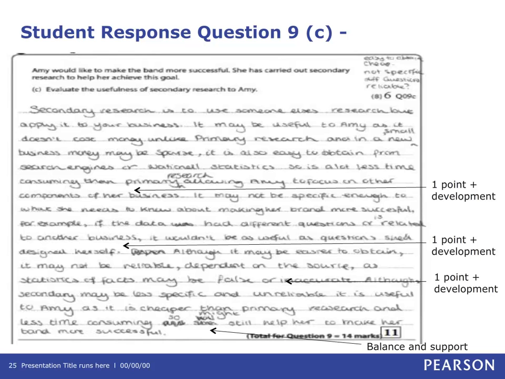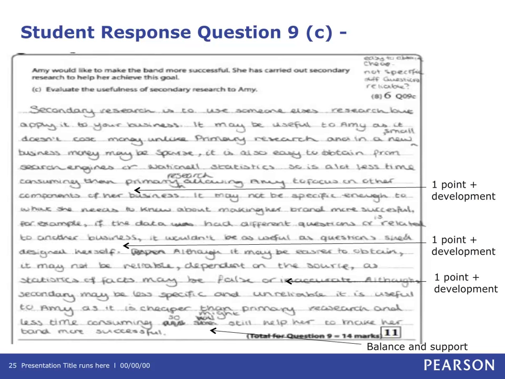Question 9c is worth 8 marks. This question worked as expected, with many weaker students collecting 2 or 3 marks for listing features of secondary research, and more able students getting into mark band 2 or higher by taking the points made and developing these.